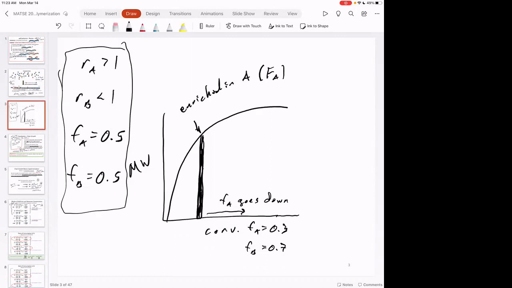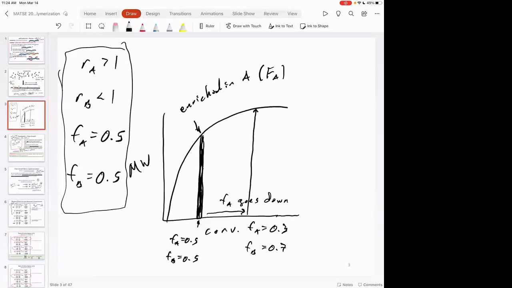But has the copolymer changed now? Say we want to know the copolymer composition at this conversion. We've run the polymerization. Has the copolymer composition changed from where we started, at FA equals 0.5, FB equals 0.5? The answer is yes, because the copolymer composition is determined both by the reactivity ratios and by the mole fraction of monomers.